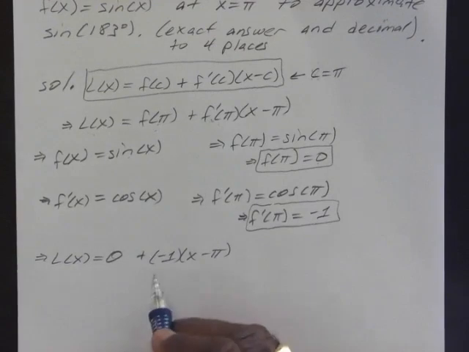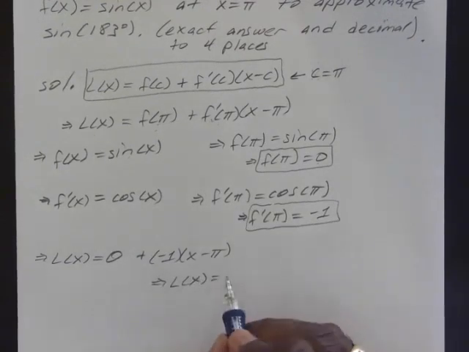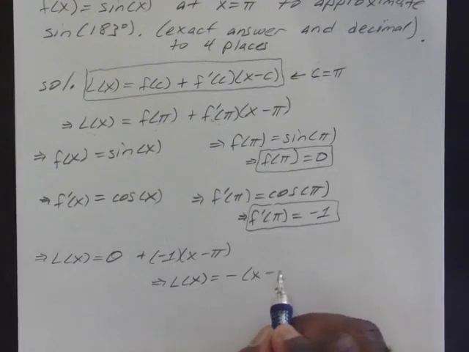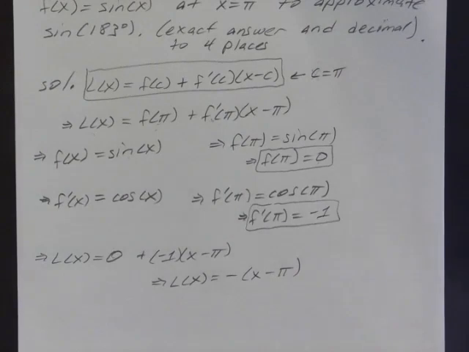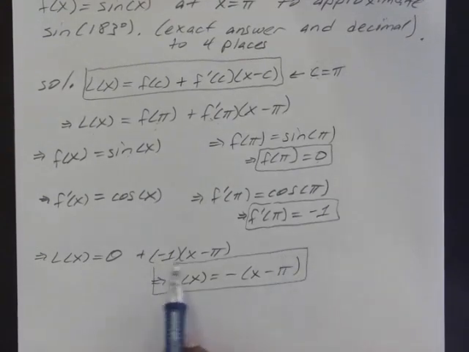Or if you want to simplify it, you can just say L of x is equal to negative x minus pi. Okay, so we have our linear approximation formula for this question.